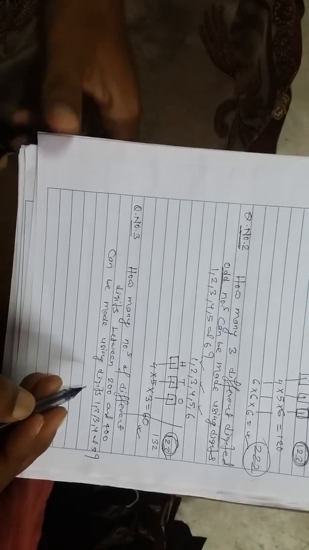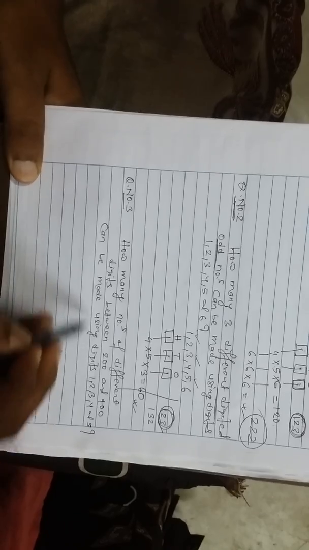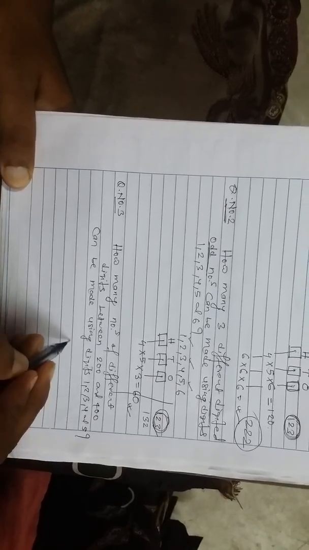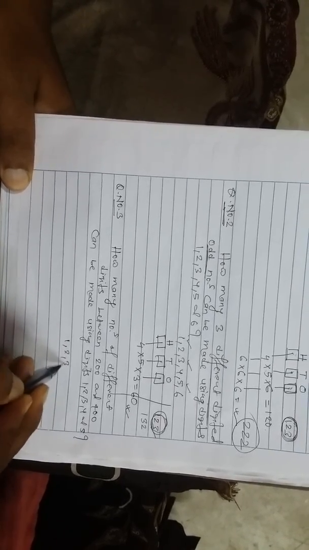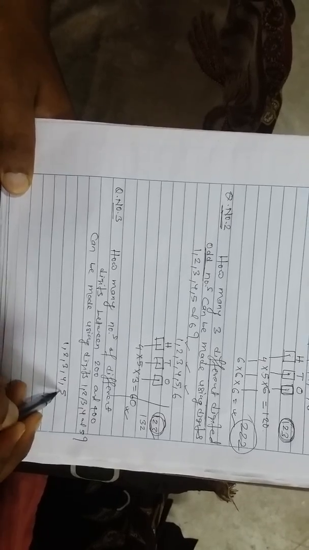Again, concentrate here. You are given 5 digits: 1, 2, 3, 4 and 5.